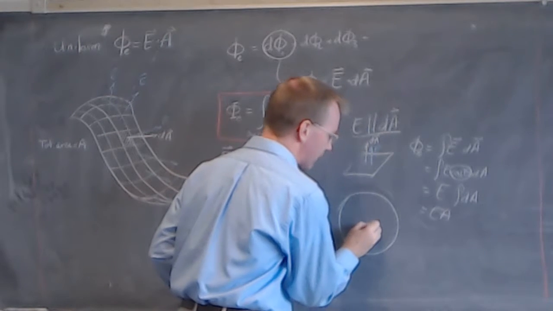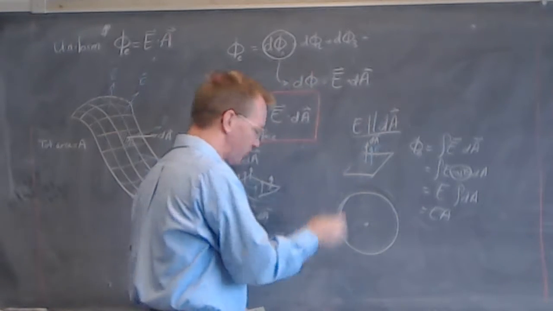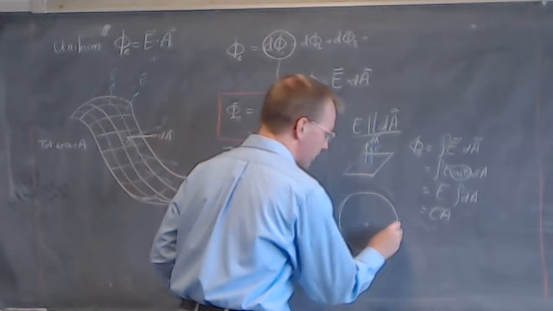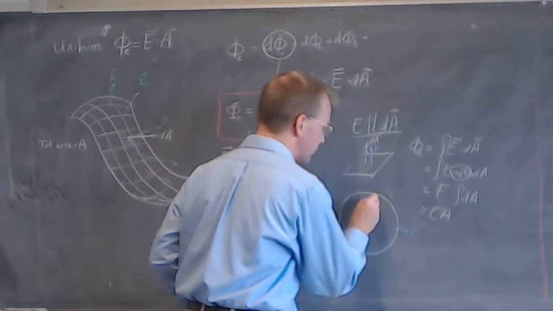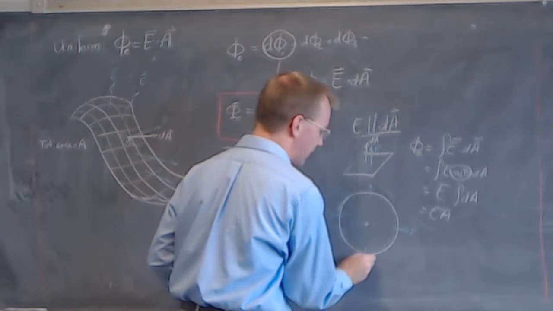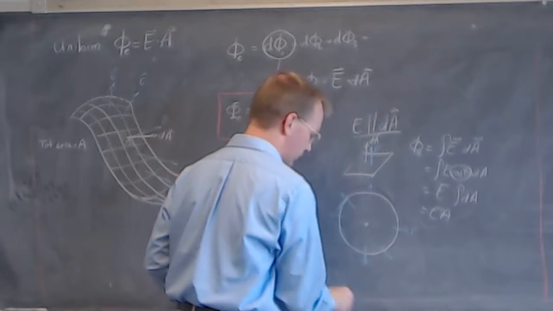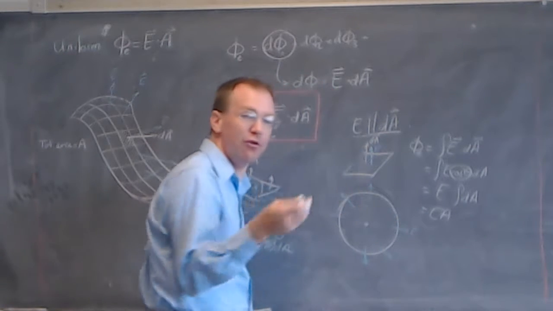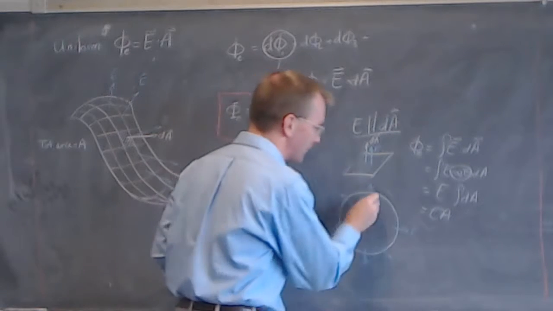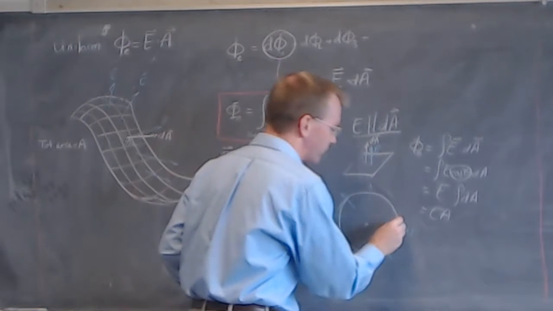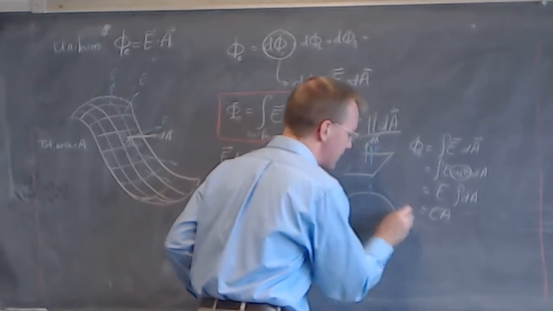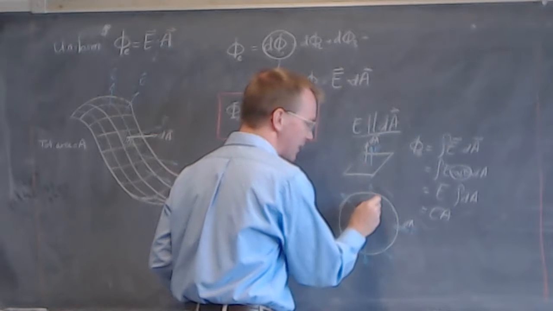But let's imagine I've got that little positive charge in the center of the sphere, and I've got my E field coming out perpendicular to the sphere at every point. dA is also perpendicular to the sphere at every point because it has to be normal to the surface. So there's dA here, but here's E and here's dA.